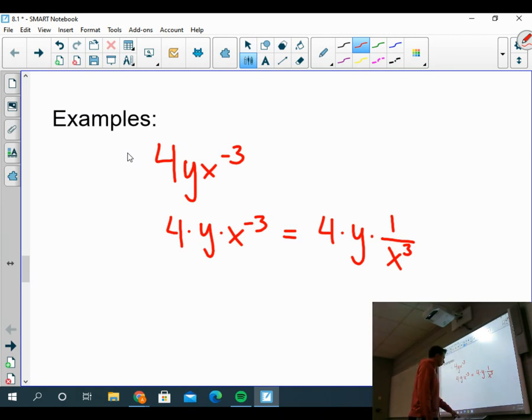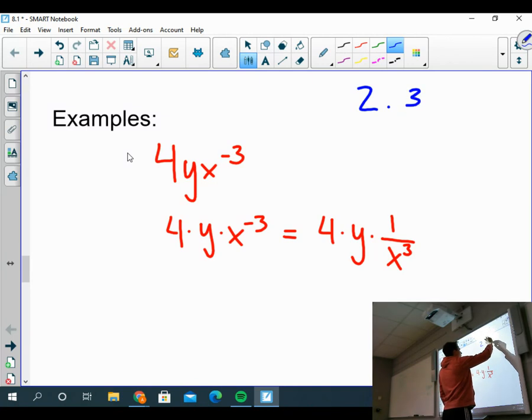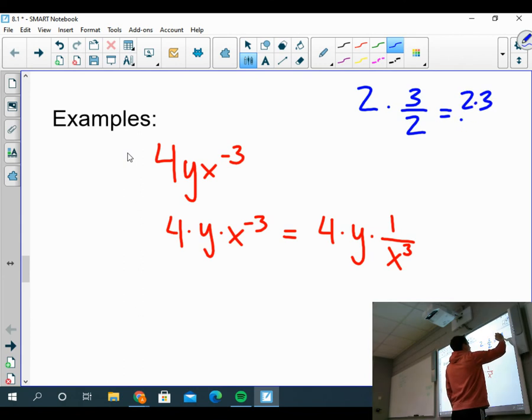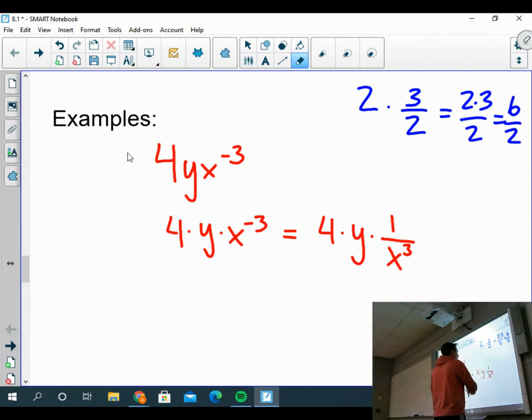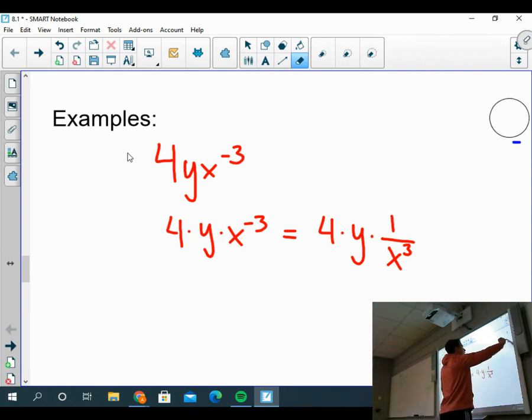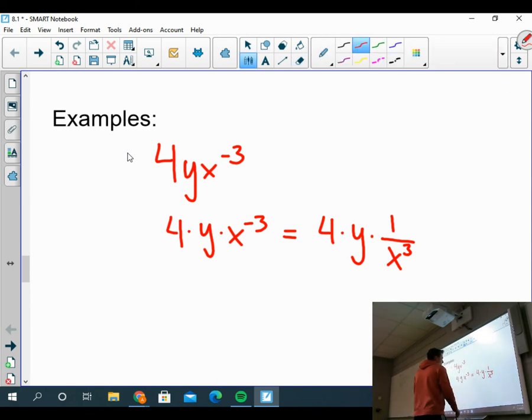And really what this gets back to is your knowledge of multiplying with fractions. Just like we look at 2 times 3 over 2, I would clean that up and write this as 6 over 2, and really that would become 3. I'm going to apply the same logic here. Let's multiply all of these together.